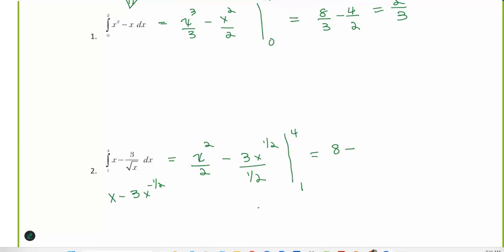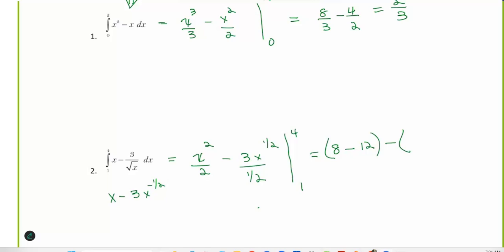That's going to be 8 minus 6 divided by 1/2, which is 6 times 2. So that's minus 12. That's the first term. So I'm going to take this and then subtract away. Okay, put a 1 in. So square root of 1 is still 1. So that's going to be 3 over 1/2.